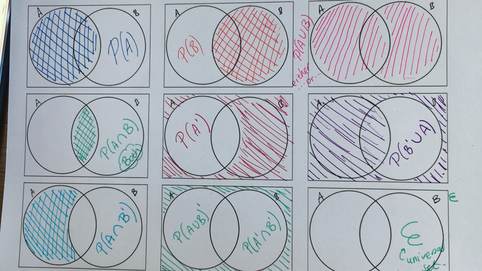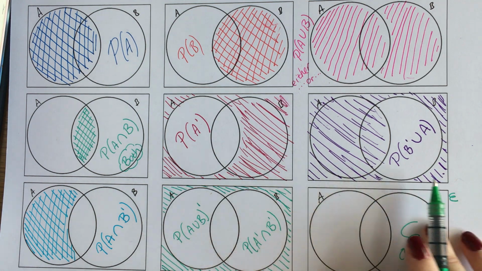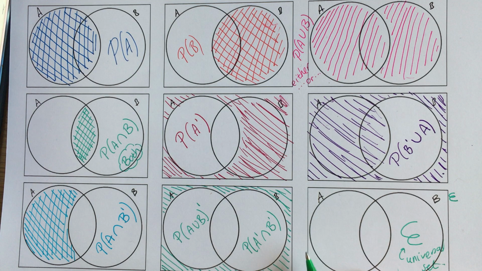So if you were looking at a 52 card deck, for example, the universal set would be all 52 cards, which is why we always draw a box around Venn diagrams, because we're showing that everything involved is contained within this box.